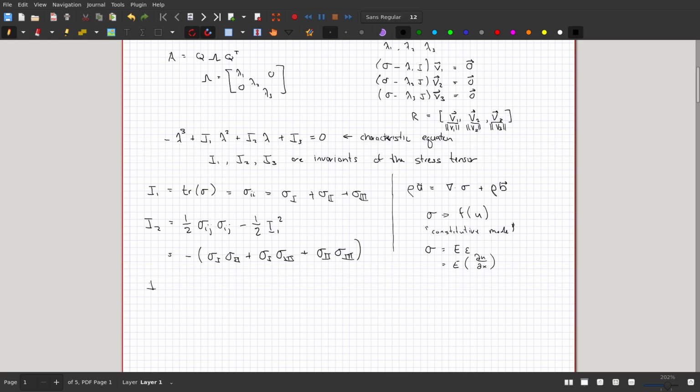The third invariant is the determinant of sigma. Anybody know what that is in terms of the principal stresses? Yeah, just multiply them together, right? Sigma 1 times sigma 2 times sigma 3.